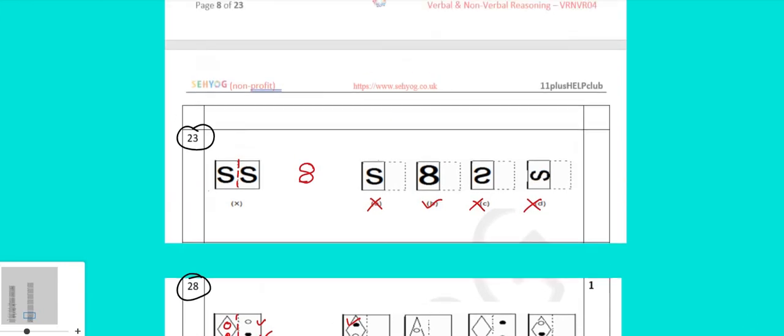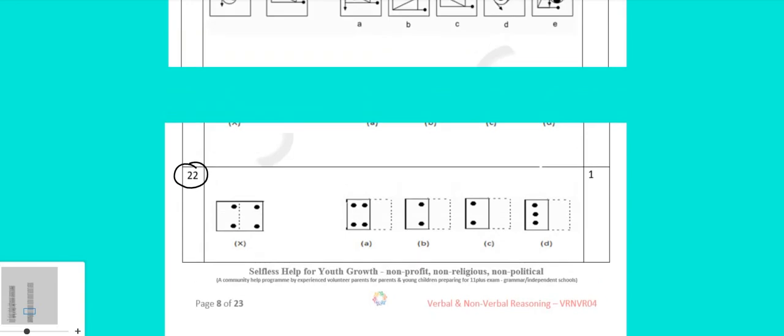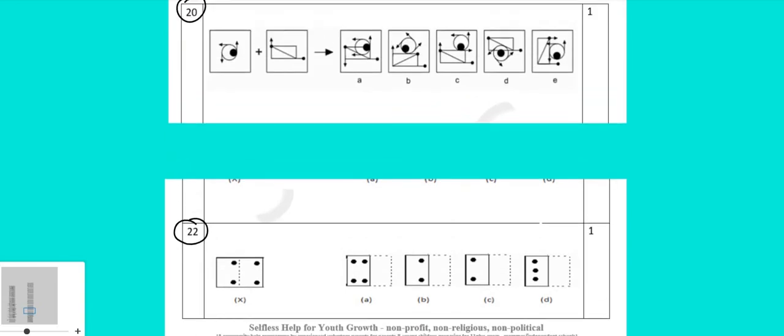Moving on to the next example, that is example number 22. Here we see that there are two black circles or dots on both ends, on four different ends. The first half of the paper has two black dots on the right end, and it is the same with the other half of the paper too.